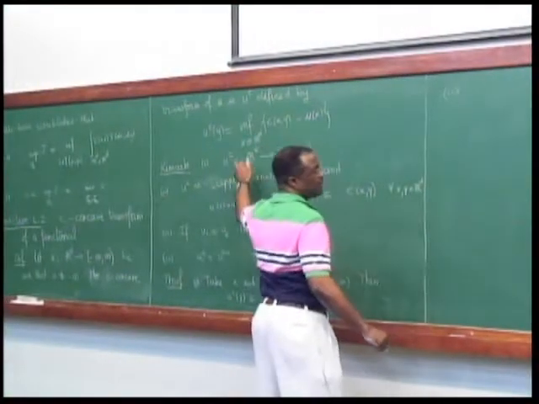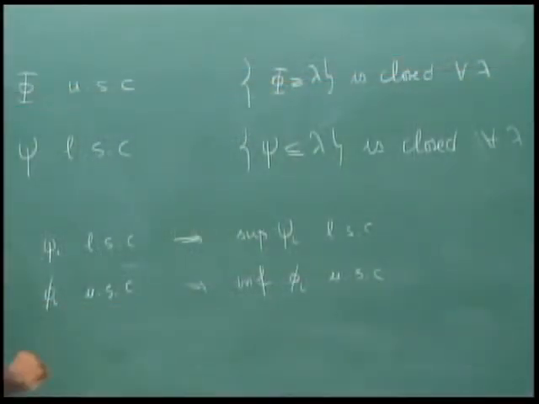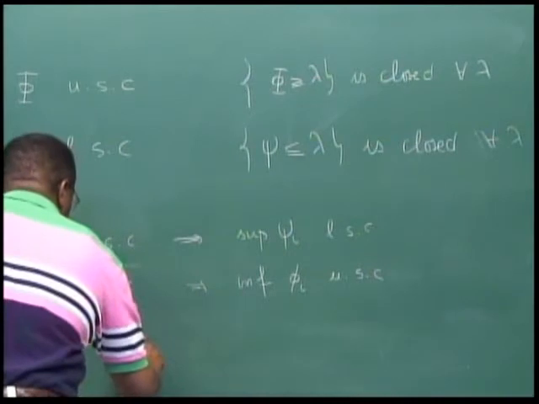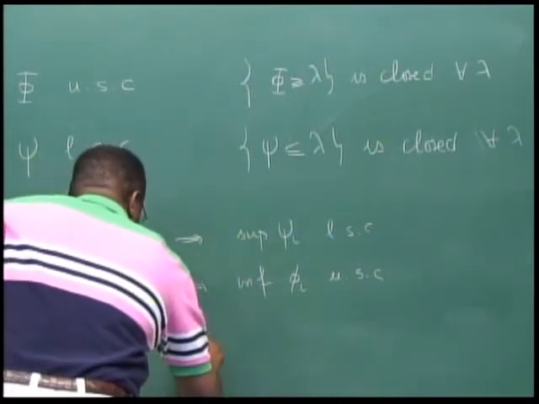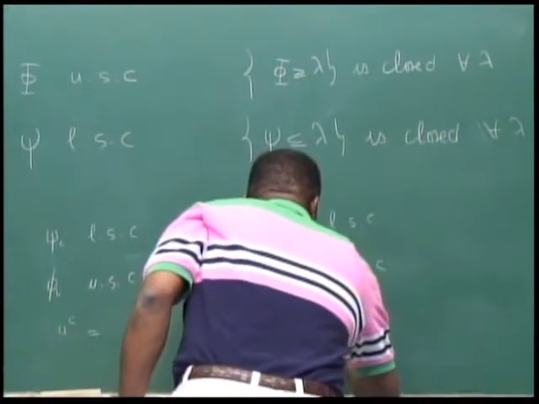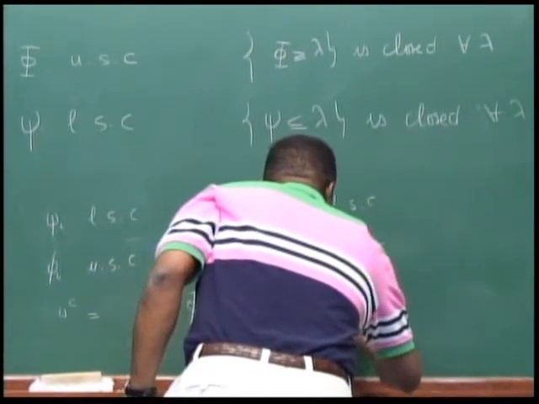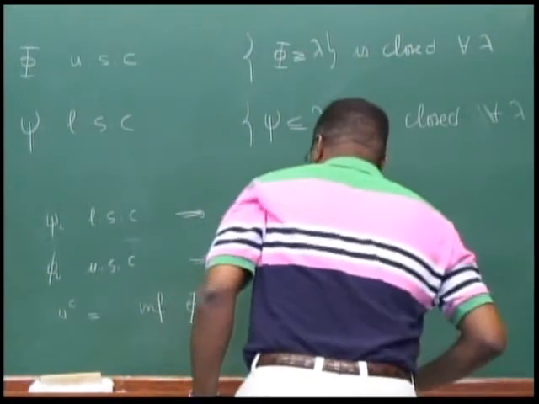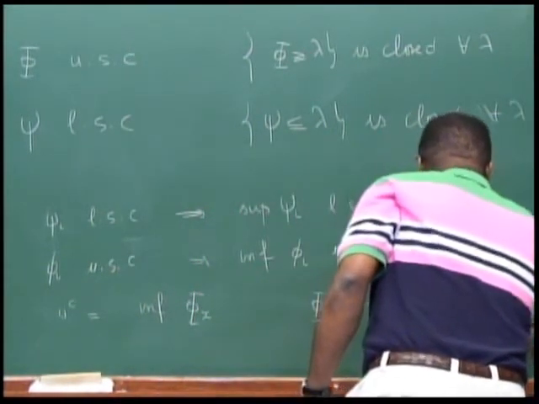So if we know why we have that implication, I can set, you see my UC? UC is the infimum of phi x, where phi x of y is C of xy minus U of x.